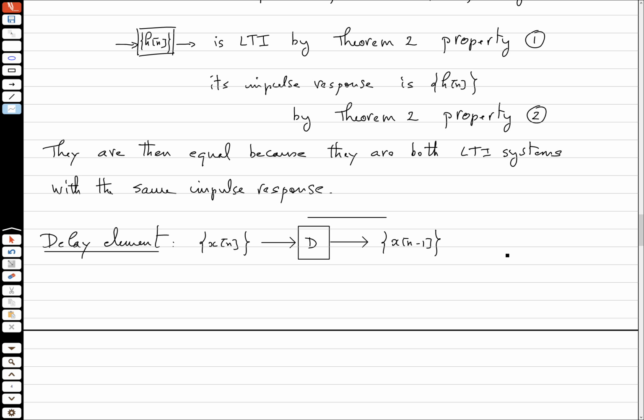But a number, basically, in a computer, a number is like a 32-bit number, all right? So it's like 32 sequences in parallel. So with 32 flip-flops, you make a delay element of 32-bit numbers.